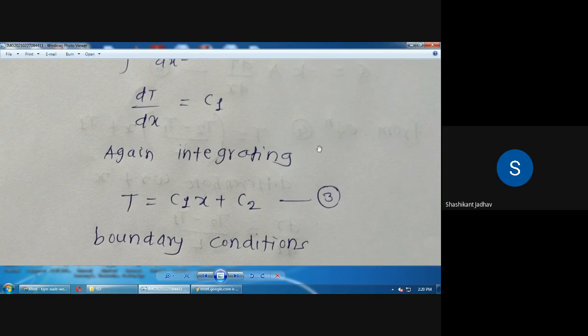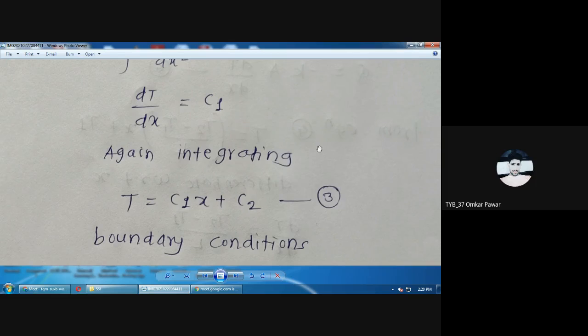And then what is the second boundary condition? At x is equal to L. If x is equal to L, meaning we consider the thickness of the component as L, at that time x is equal to L, then T is equal to what? What is the temperature value if x is equal to L?